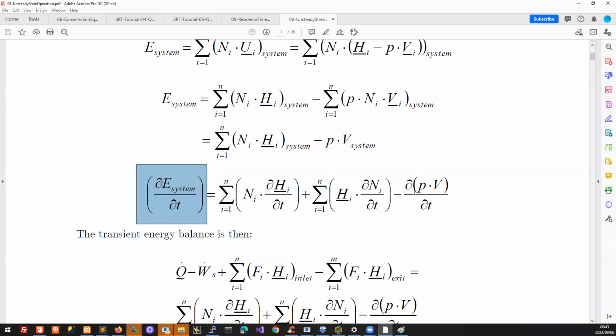And then this d(PV)/dt, if we know that the pressure is changing in the system, right? For example, in gas phase reactions, the total pressure may be changing. If you have a reaction where you are producing more moles than you are consuming, then the pressure will be rising. Also, even if it's a liquid phase reaction and your level was changing because your flow in minus your flow out was not balanced, then the volume may be changing with time.